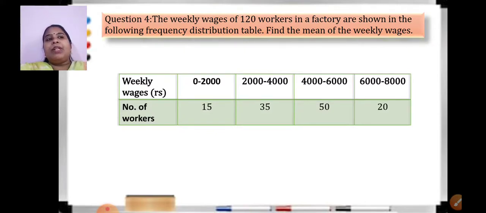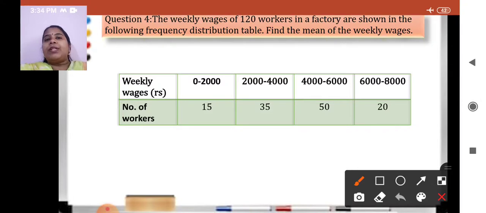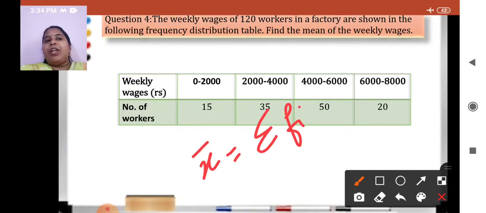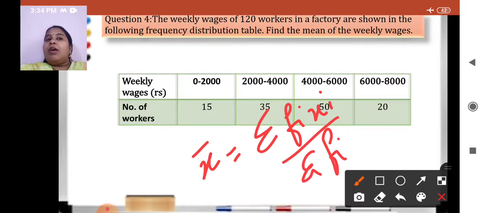So this is the table that is given to us. I hope you remember mean by the direct method. What was the formula? Mean is represented by x bar and the formula is summation of fi xi upon summation of fi. So you need this xi. Frequency is already given to you.